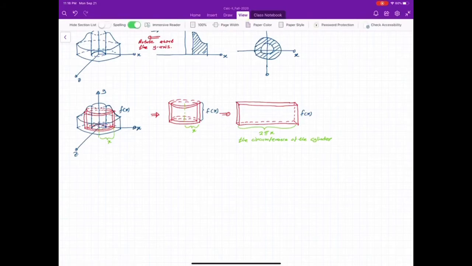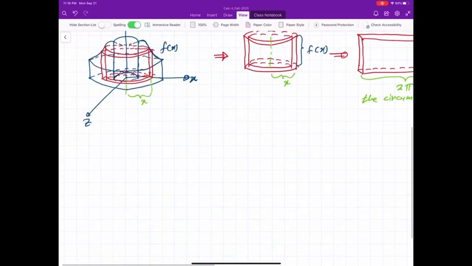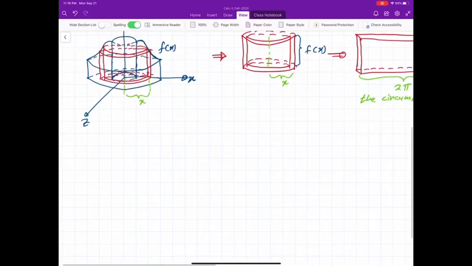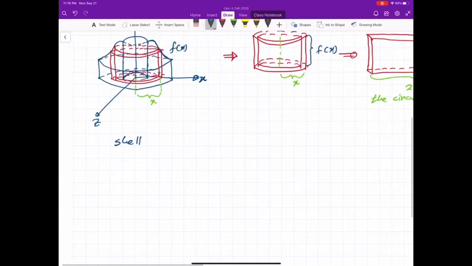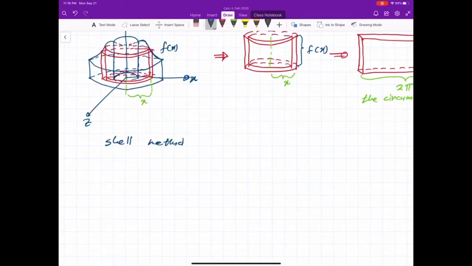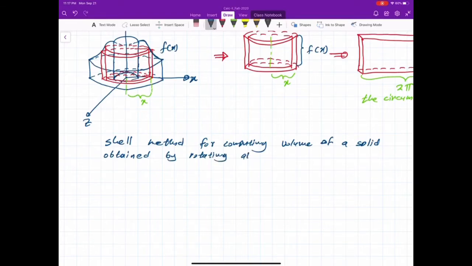Now just write down the theory part. Shell method for computing volume of a solid obtained by rotating about an axis.